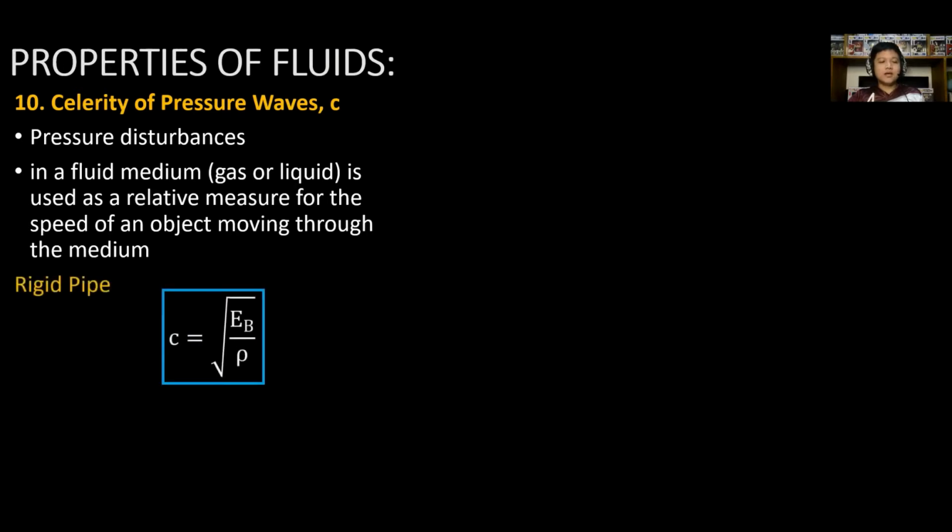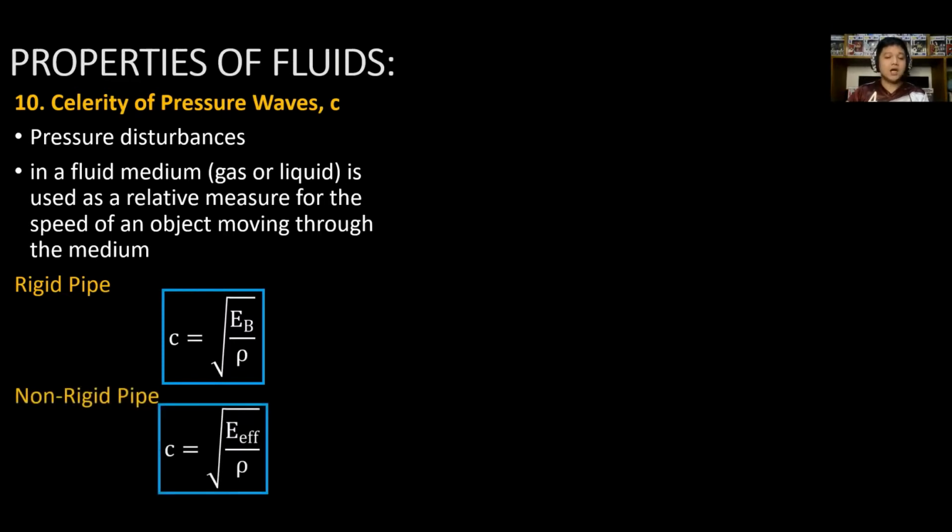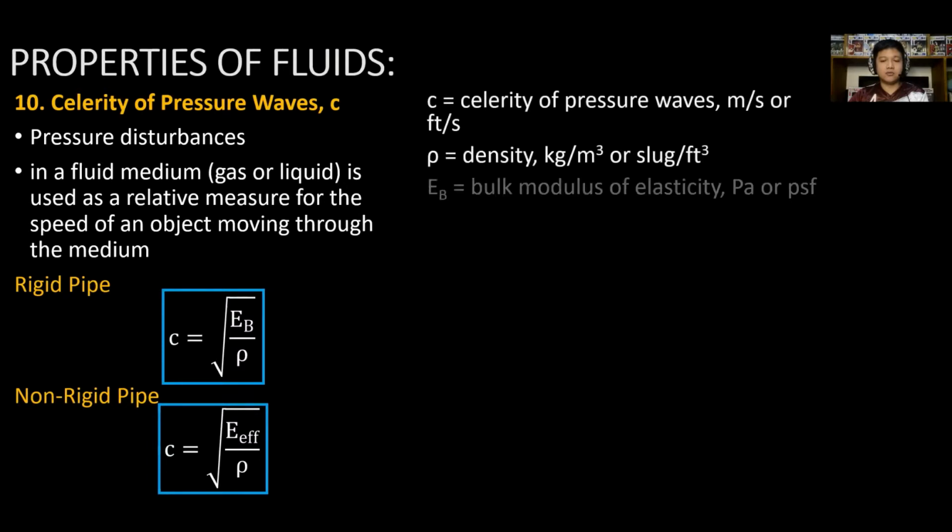So for celerity for a rigid pipe, c is equal to the root of E sub B over rho, or density. While if we are dealing with a non-rigid pipe, c is equal to the root of E effective, or otherwise E effective may be called the composite bulk modulus of elasticity, over again the rho.